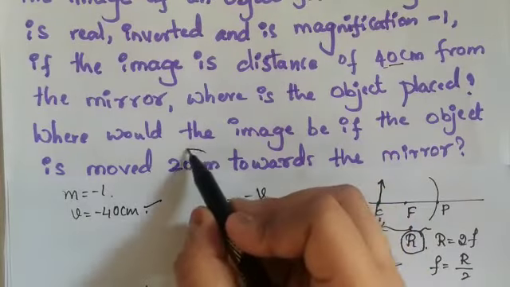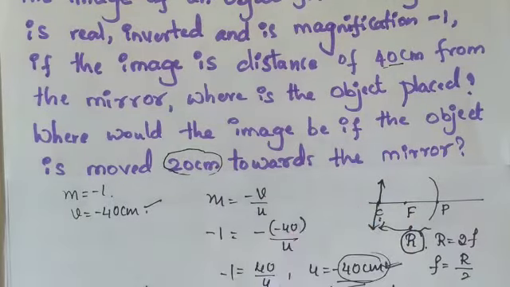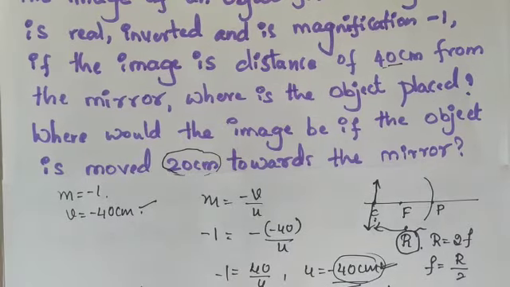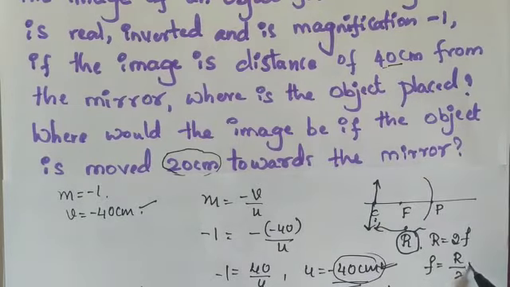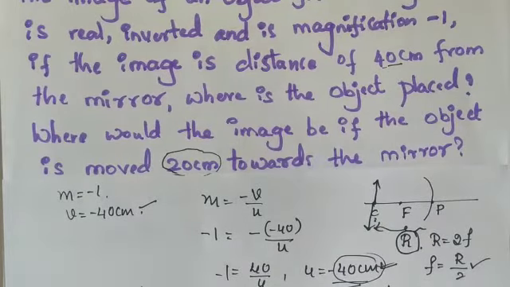So what is the question given? It is 20 centimeter only. That means where I have to keep the object is at the focus. So this is one way we are able to find it out.